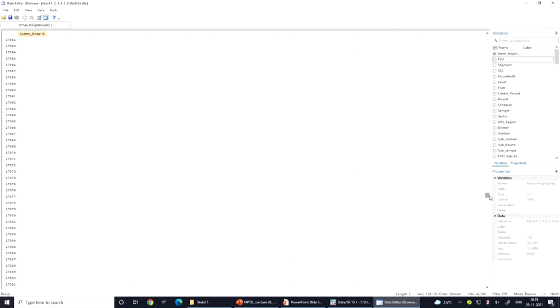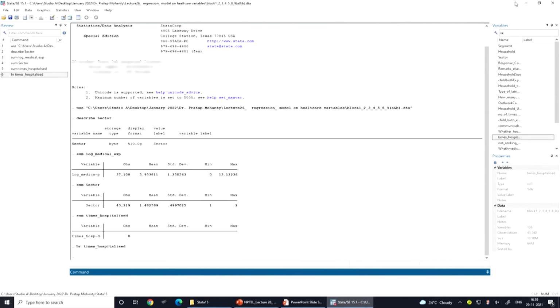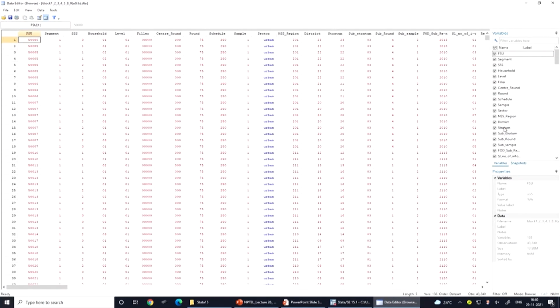Or I will just do one thing: there is no observation here, so just browse, and we will see which are the string variables. Only browse, okay, enter. Now you can see which variables are in fact string and which are non-string, or numeric, or labeled numeric.